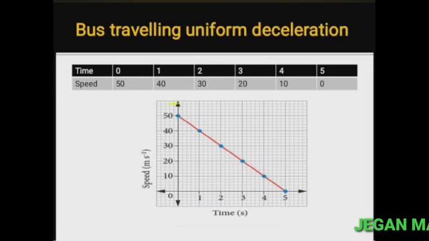So 50, 40, 30, 20, 10, 0 meter per second. So the speed of the bus decreases by 10 meter per second for every second. Hence the graph has a negative and constant gradient and the acceleration is negative. So the bus has uniform deceleration.